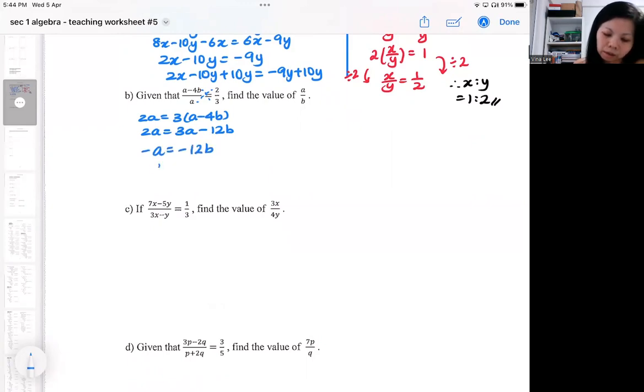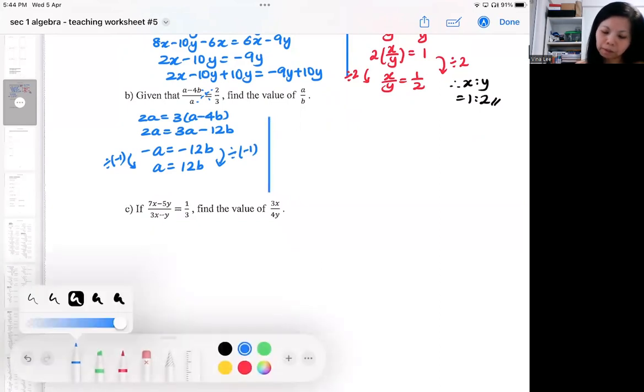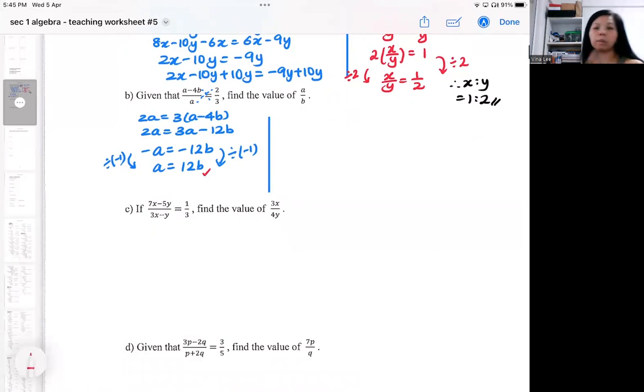In this case, I can divide by -1 on both sides also, if you don't like to see -1. Again, until here, your teacher will give you the method marks. If your cross multiplication can lead you nicely here, you will be given some method marks. And from here, your job is to try to get A over B.